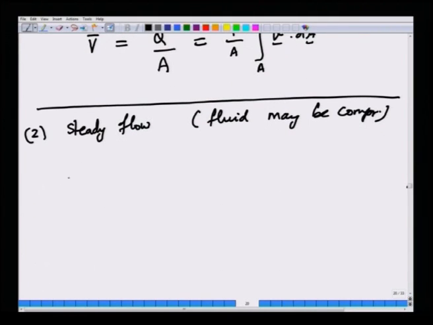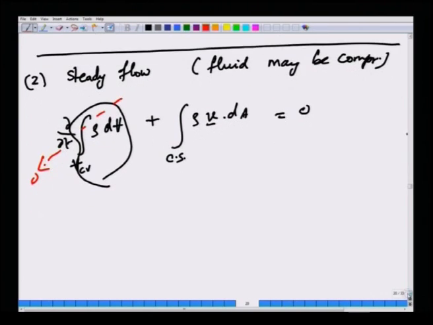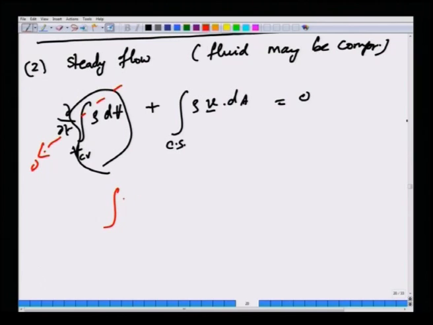So, the most general form of the mass conservation equation is integral of rho dV over the volume of the CV plus integral of rho V dot dA over the control surface is 0, but by steady we mean d by dt of a quantity is 0. So, steady means the rate of change of mass is 0, because we are assuming things to be steady in the control volume. So, whether it is an incompressible or compressible fluid, rho will occur inside the integral, rho V dot dA is 0.